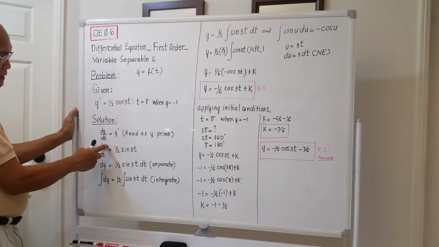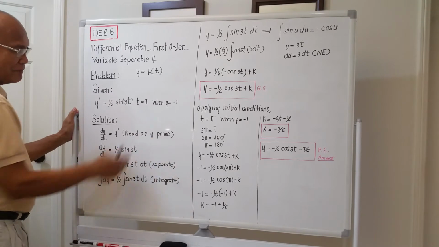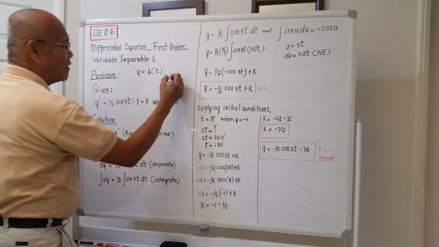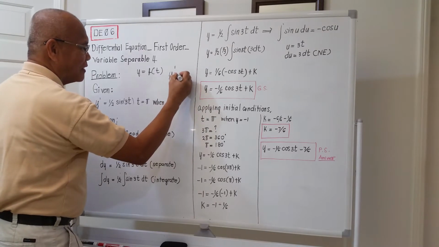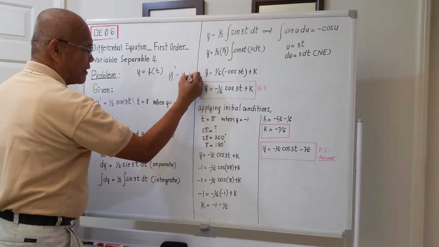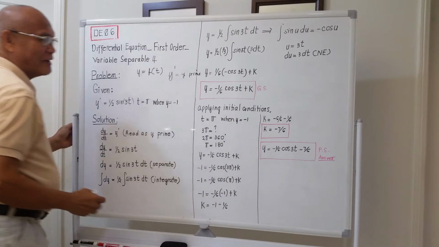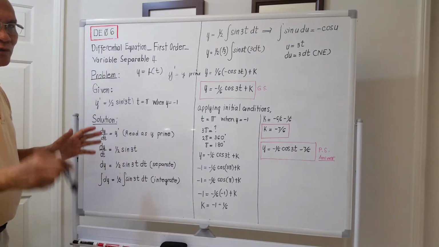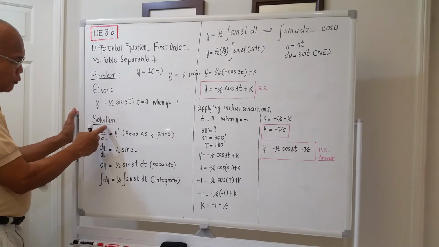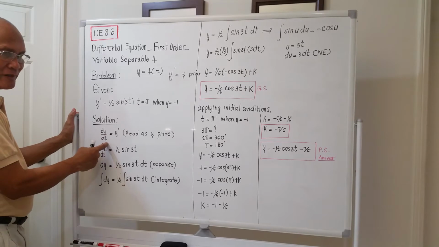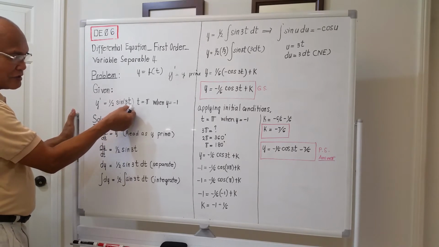dy over dt is equal to y prime. It is read as y prime. Y with a mark like this on top is actually read as y prime. Okay? And under differential equation or differential calculus, that is actually the first derivative of y with respect to time, because the variable on the right hand side is t.